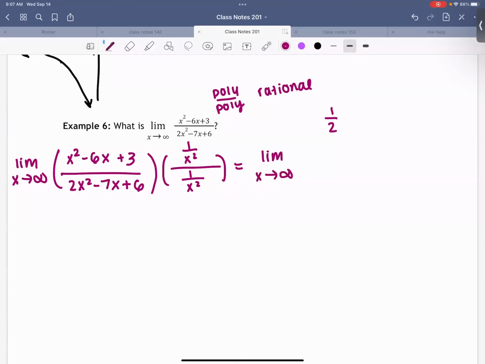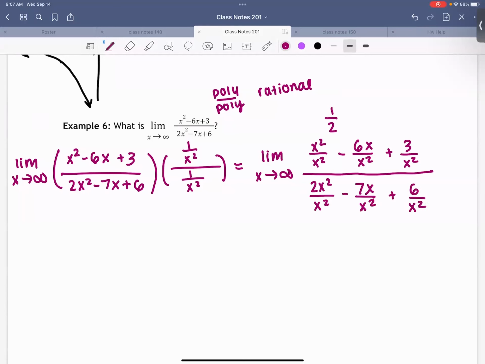So this would be the limit as x approaches infinity of x squared over x squared minus 6x over x squared plus 3 over x squared. Same thing in the denominator, right? 2x squared over x squared, 7x over x squared, 6 over x squared. Okay.